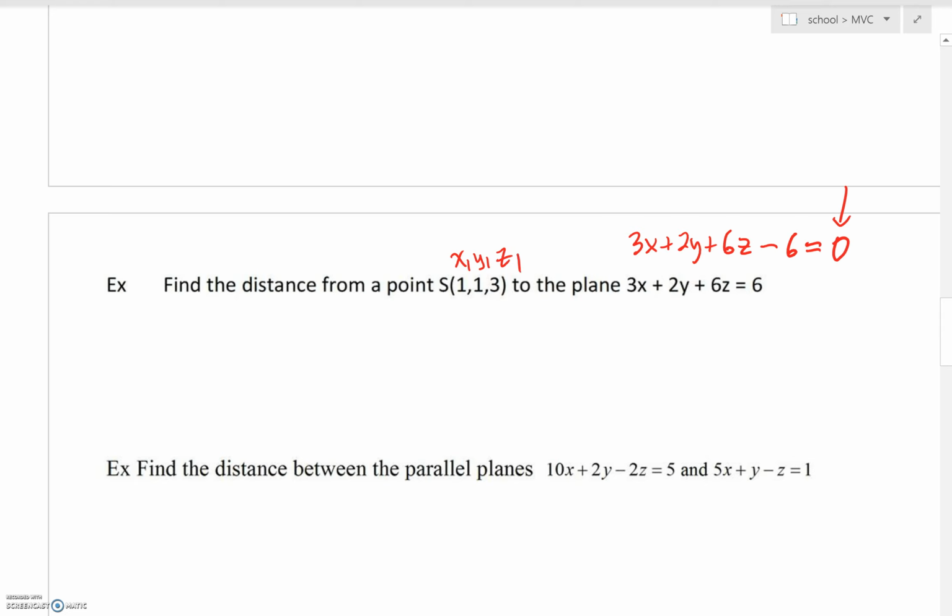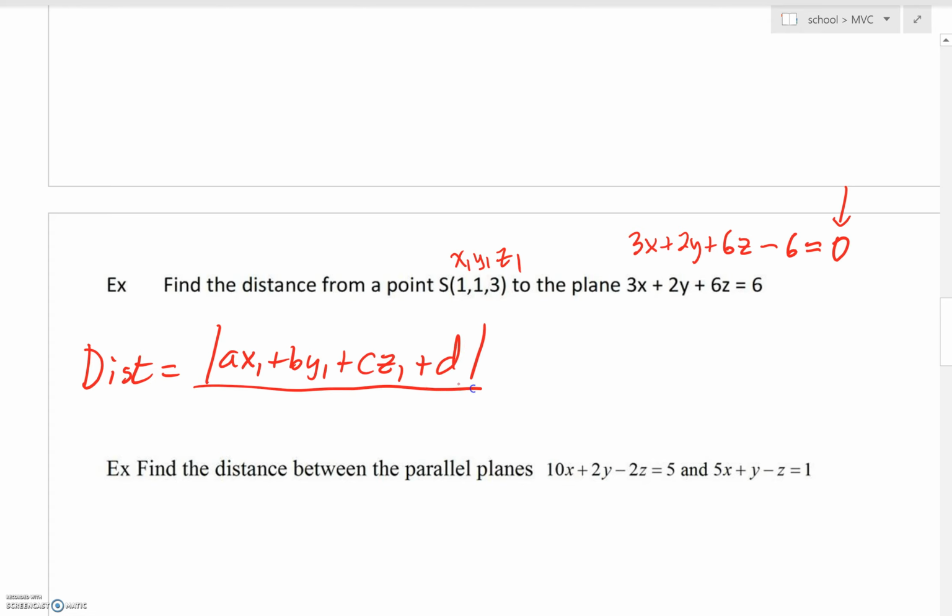So you want to find the distance from that point to the plane. And I hope you remember that the distance is going to be ax1 plus by1, so sorry, plus cz1 plus d, all in absolute value. And then down below you'll have the square root of a squared plus b squared plus c squared. It's really the length of that normal vector.